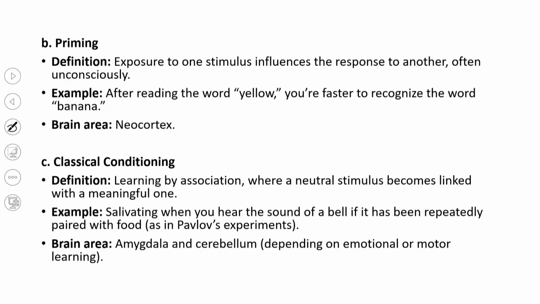Sometimes in other forms this implicit or non-declarative memory is also experienced, one is called priming. So, what is happening in priming? Exposure to one stimulus influences the response to another, often unconsciously. When you are exposed to something and something else comes later, that earlier exposure influences you automatically. You just become primed because something was exposed to you.